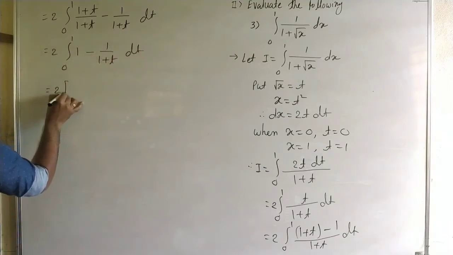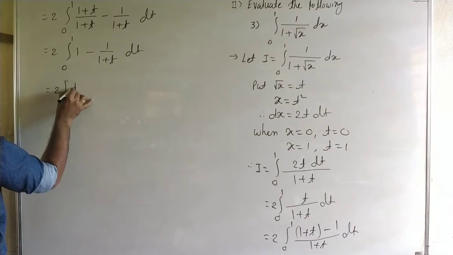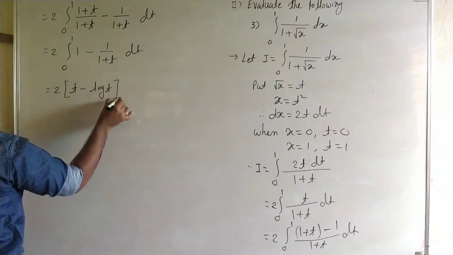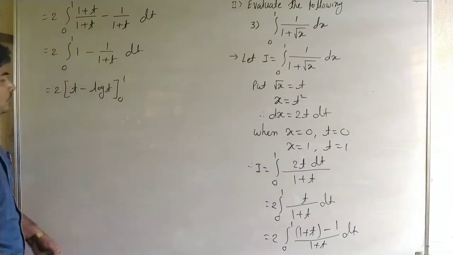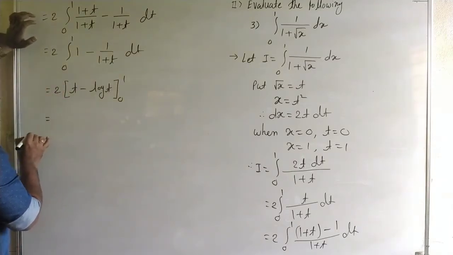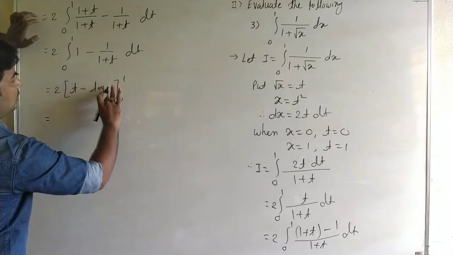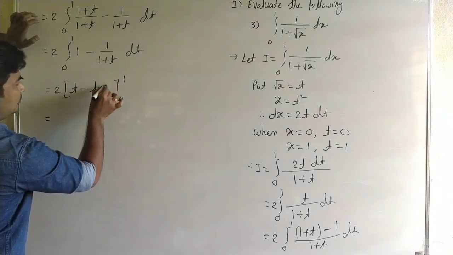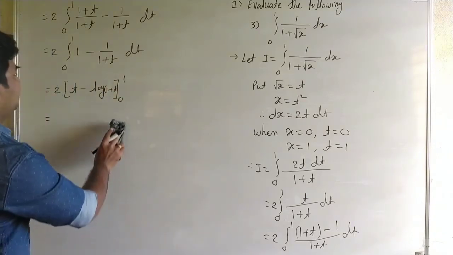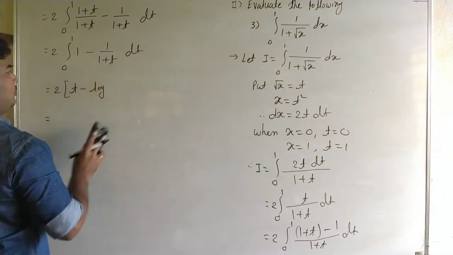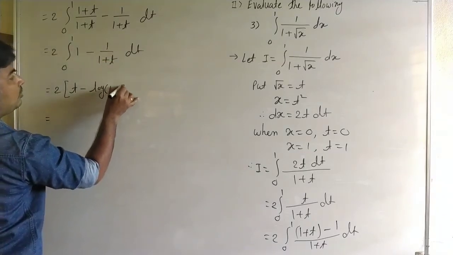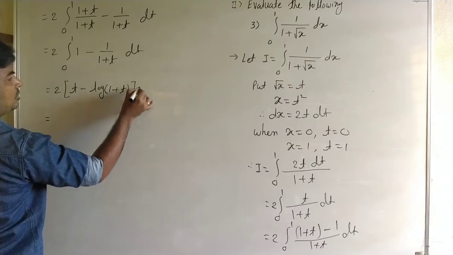It is 2, integral of 1 is t, and minus, sorry, it is 1 plus t, log of 1 plus t. Integral 1 upon 1 plus t is log of 1 plus t, and limit 0 to 1.